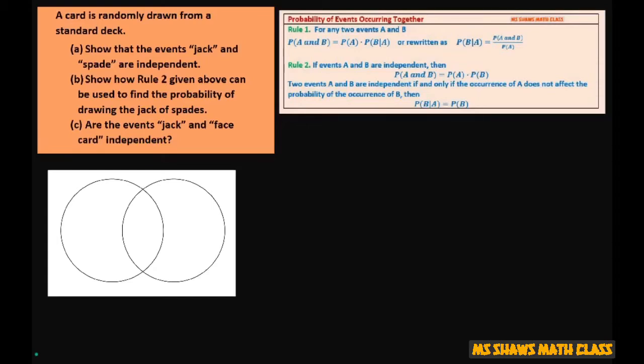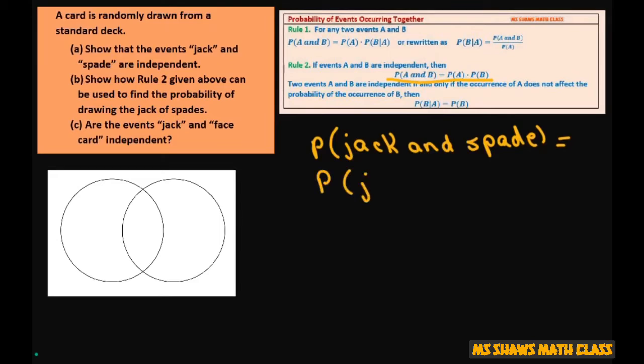So rule 2 gives the probability of Jack and Spade. This is rule 2. So this is going to equal the probability of a Jack times the probability of Spade.